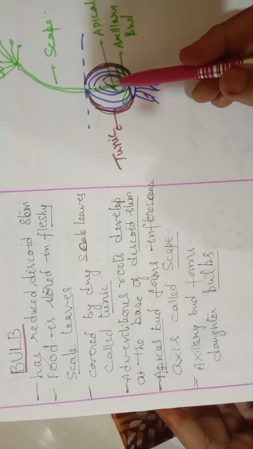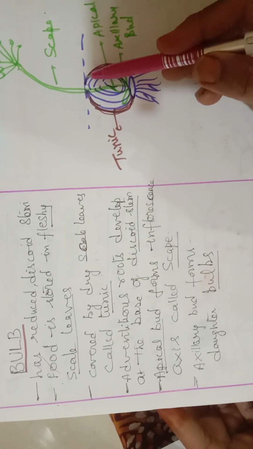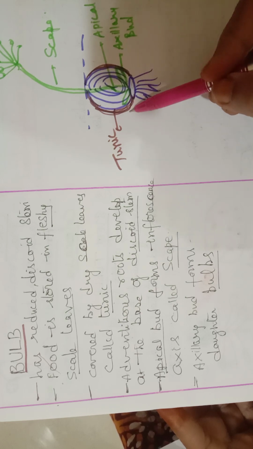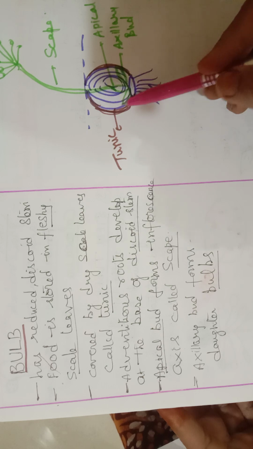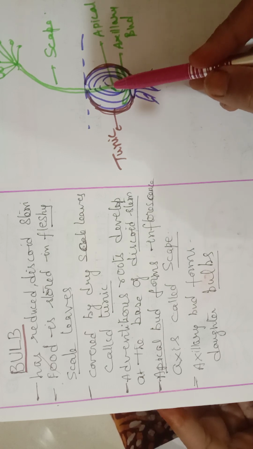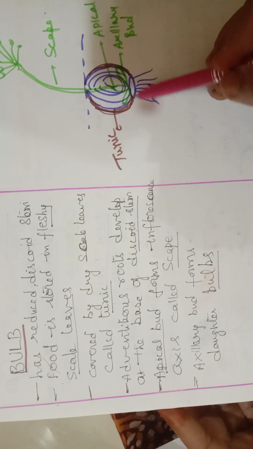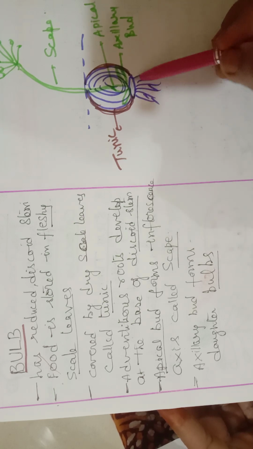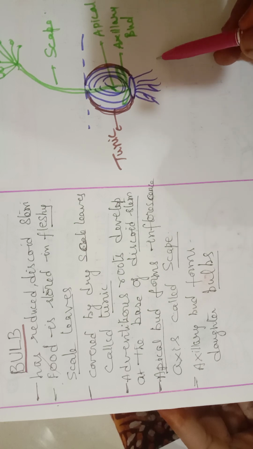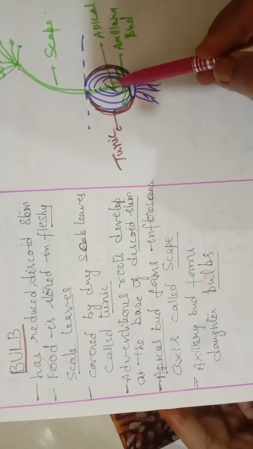If you observe, the onion is covered by a dry outer covering, that is also a scale leaf, and inner fleshy scale leaves. These fleshy scale leaves store food material, and the outer covering is called a tunic. And if you observe the base of the stem, many adventitious roots are formed, and here there is an apical bud, and axillary buds are present.